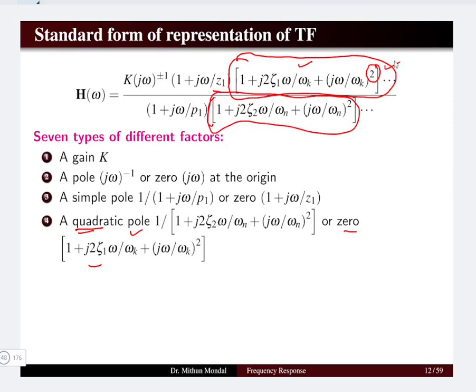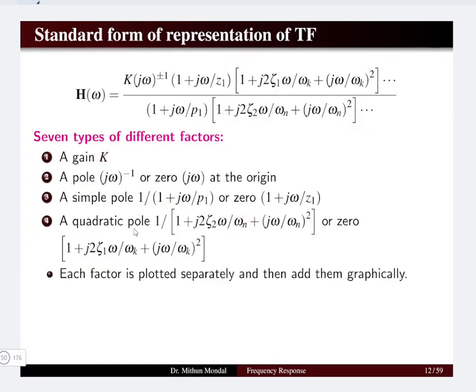So quadratic zero will be the numerator function roots and the quadratic pole will be the denominator root. So total terms, if we add these 4, will make the 7 terms. So first term, second, third, we have the fourth term, fifth, sixth and the seventh term. All the terms may or may not be present in the transfer function.